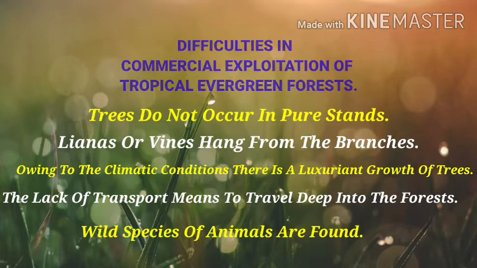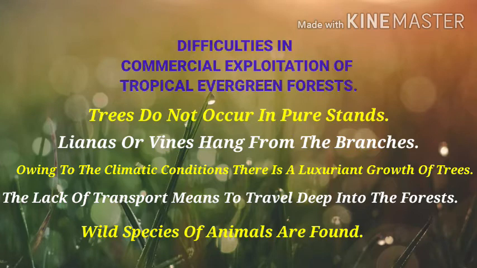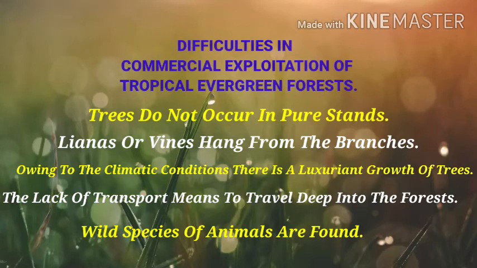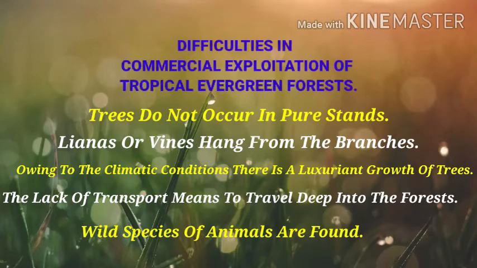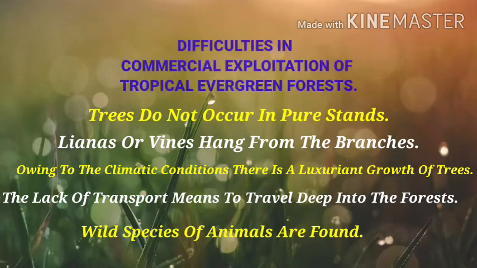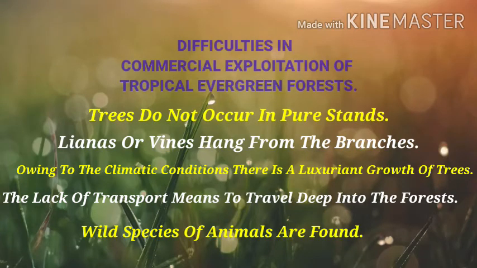Also, some plants known as lianas are vines which are rooted in the soil and grow up the tree trunks all the way into the canopies where their leaves can get more sunlight. Also, the forest is so luxuriant that it is quite a problem to clear small patches in them and even difficult to maintain them.